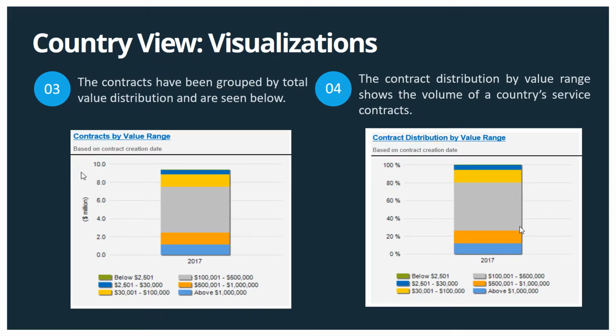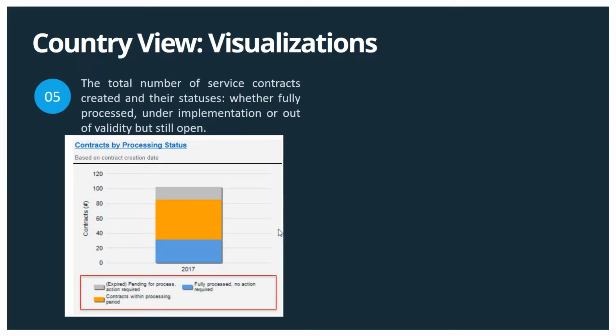In this example, we see that 56% of the service contracts are within the value range of $1 to $500,000. Management can immediately get a sense of how many contracts require action and what is their associated value.